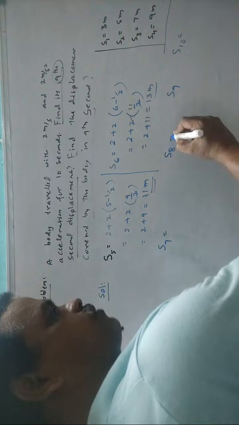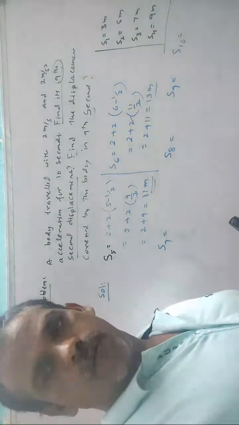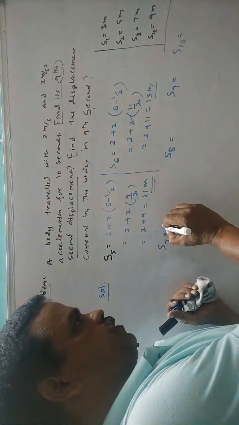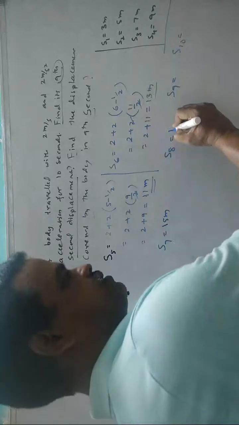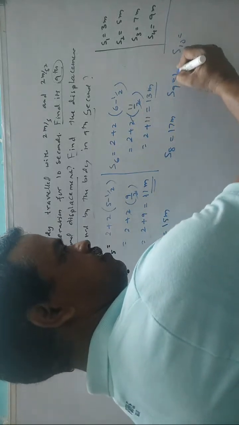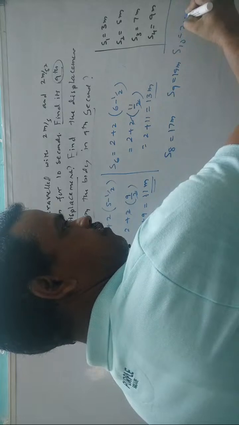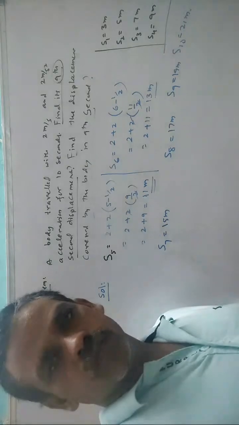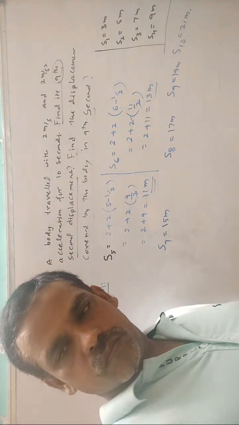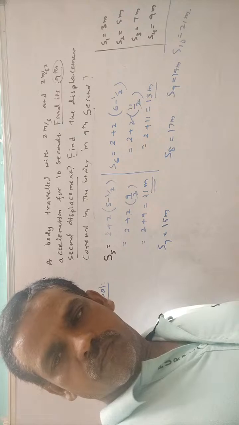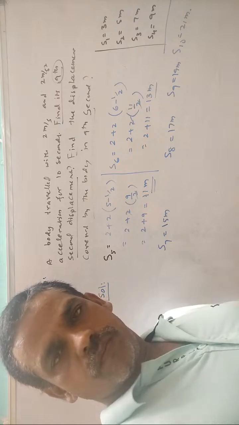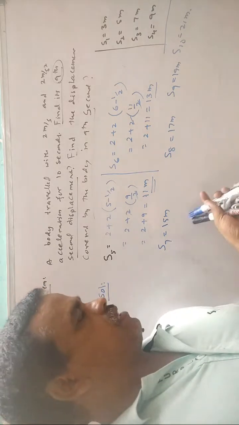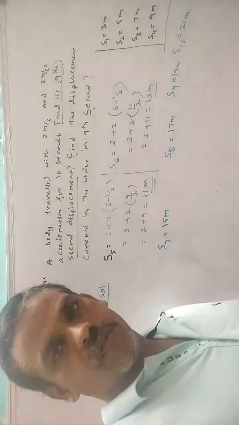Do fast 4 problems. I think S7 will be 15 meter, S8 17 meter, S9 19 meter, S10 21 meter. Is it or not? Just calculate S7, S8, S9, S10.